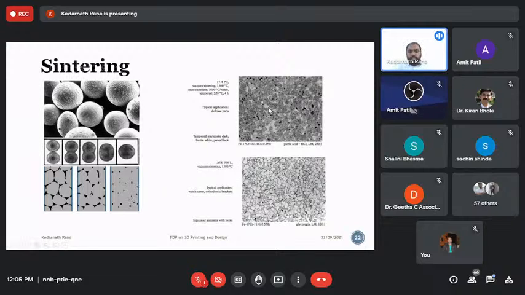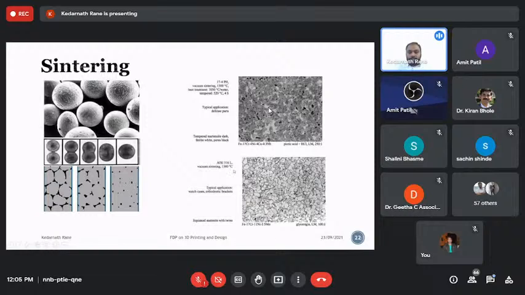And the typical microstructure after sintering looks like this. On the right side, you can see 17-4 PH steel sintered at 1300 degrees Celsius with some tempering post-processing. You can see some microscopic phases involved in this operation, which is suitable for defense applications.